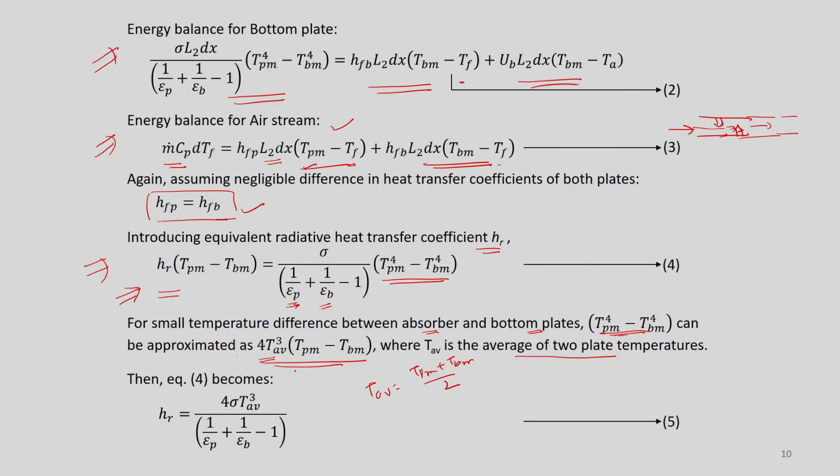If we use this, then the expression becomes something like this. So, h_R will be 4 sigma T_average cubed divided by (1/η_p plus 1/η_b minus 1). So, this is nothing but the equivalent radiative heat transfer coefficient.